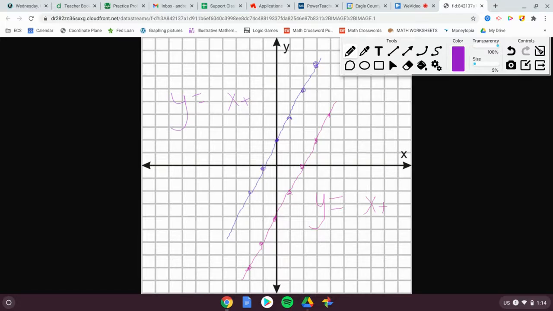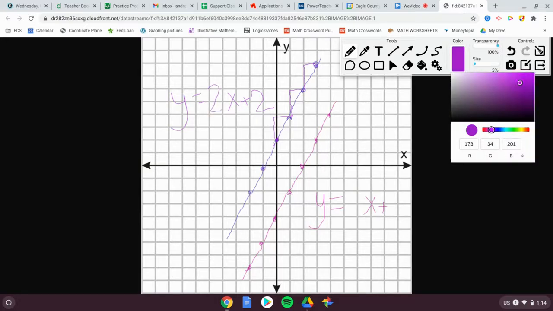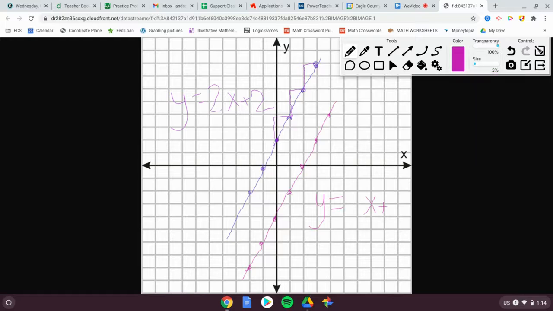Okay, now that you've come back, let's look. We go from this point right here for purple, and we start at 2. So our starting point is going to be 2, and we are going up 2 over 1. And so our slope is 2. So y equals 2x plus 2. And then for the pink one, our y-intercept is 1, 2, 3, 4, is -4.